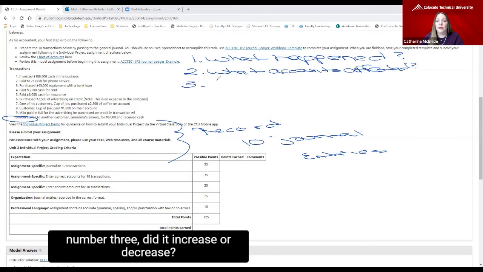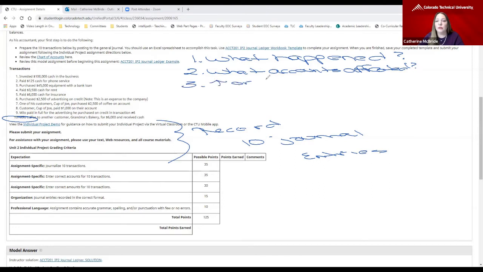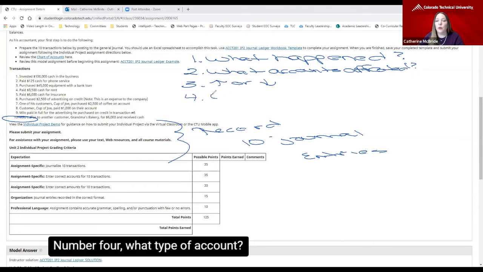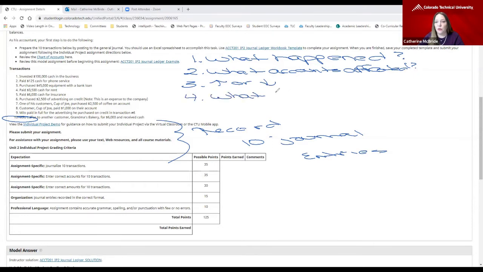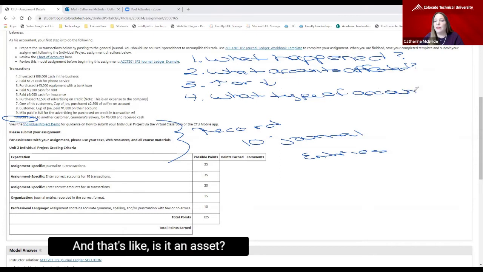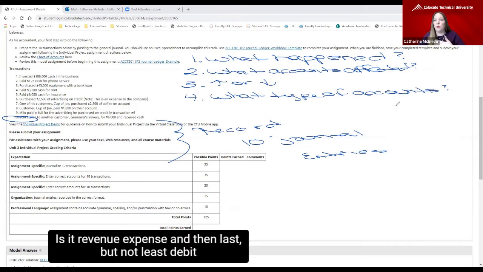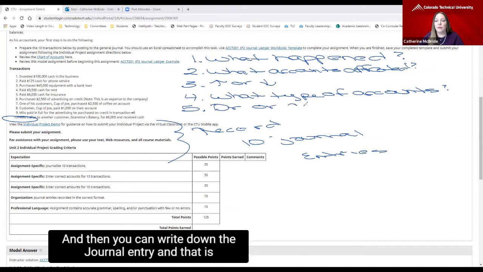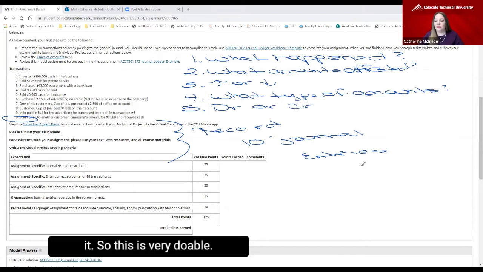Number 3, did it increase or decrease? Number 4, what type of accounts? And that's like, is it an asset? Is it a liability? Is it revenue, expense? And then last but not least, debit or credit. And then you can write down the journal entry and that is it.